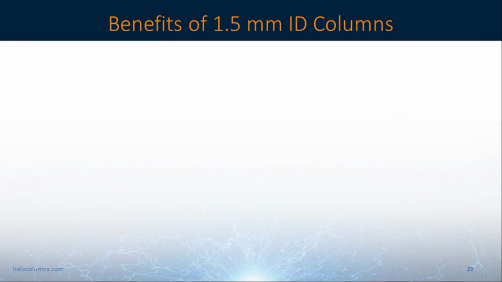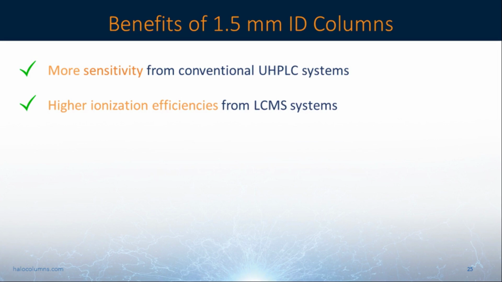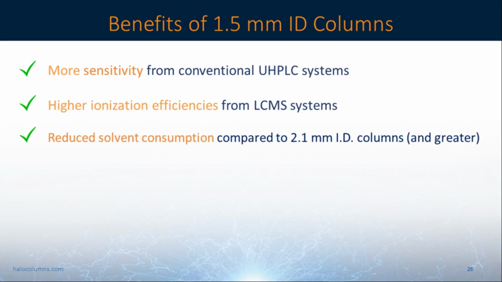So what are the benefits of 1.5 millimeter ID columns? These columns basically bridge the gap between analytical and microflow systems. What you see is more sensitivity from conventional UHPLC systems, higher ionization efficiencies from LCMS systems, reduced solvent consumption compared to 2.1 millimeter ID columns and greater, and this is particularly important for those concerned about reducing their chemical footprint.